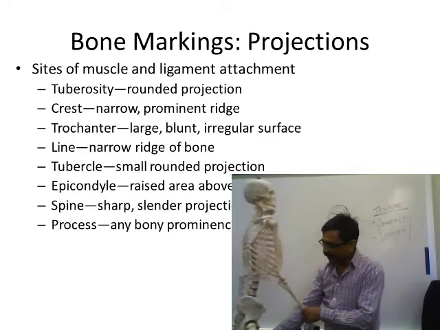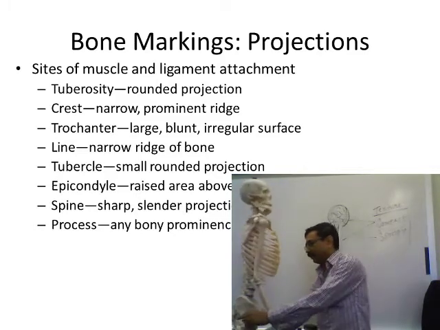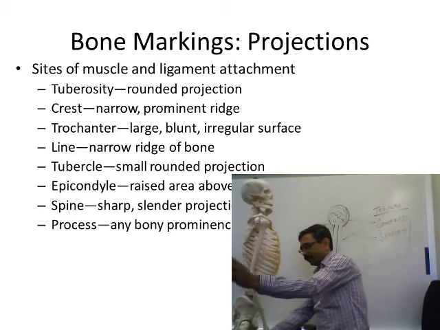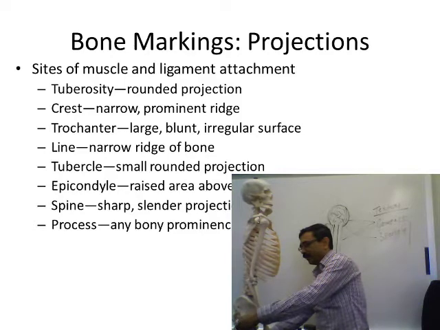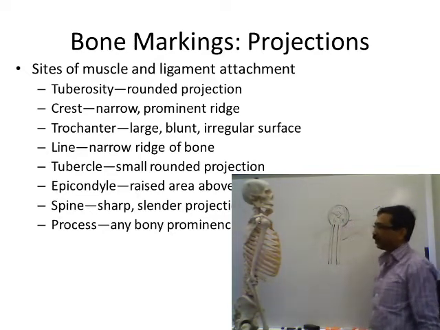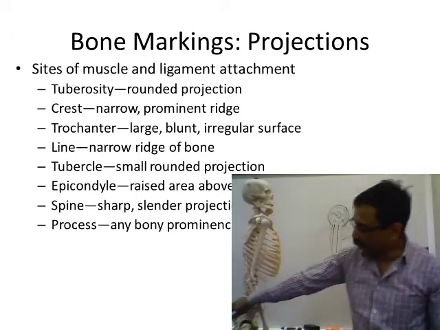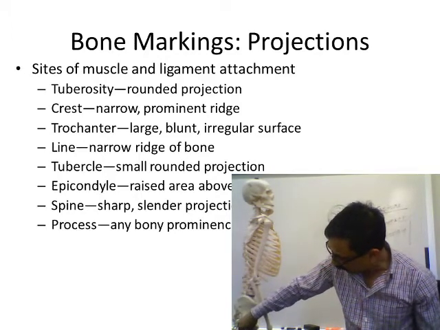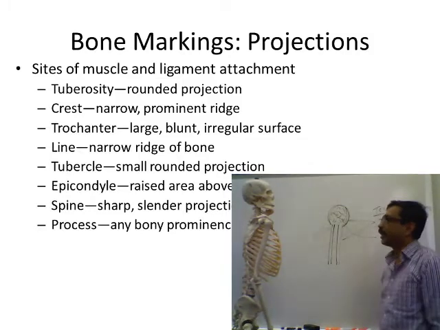For example, this structure you see on the top of the femur is called the greater trochanter. It's a large piece of irregular bony structure. Okay, so that's the trochanter. Gluteal muscles come down and get attached to the trochanter.